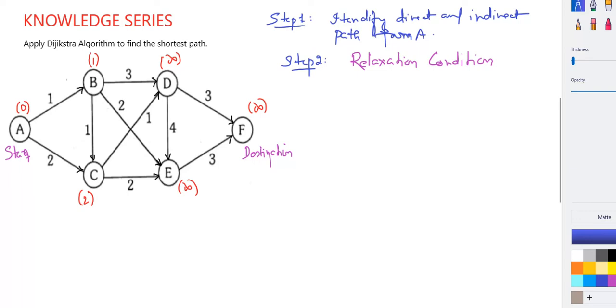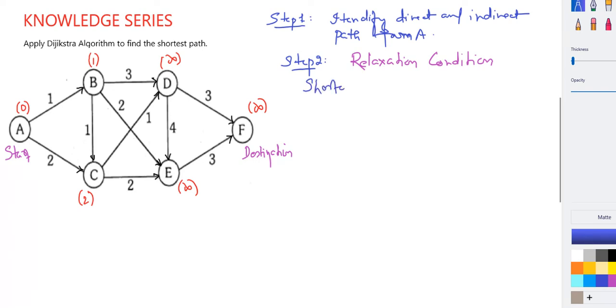What is step 2? We will look for the nodes emerging out from A, and those are the neighboring nodes. Among the neighboring nodes, which has the smallest weight? We find that B has the smallest weight. So we consider B as the shortest path vertex.